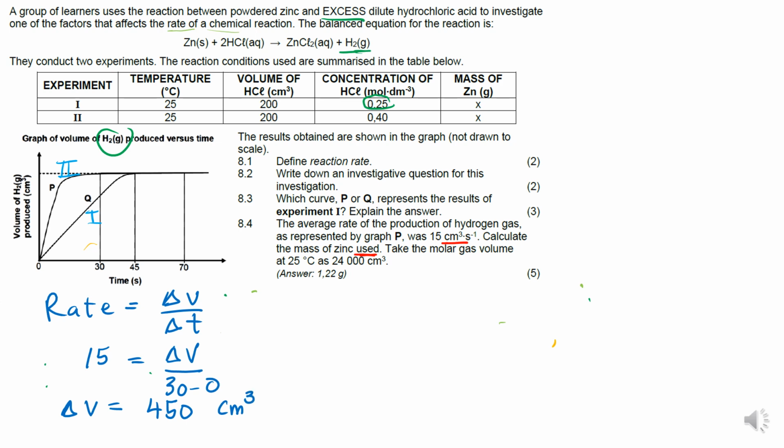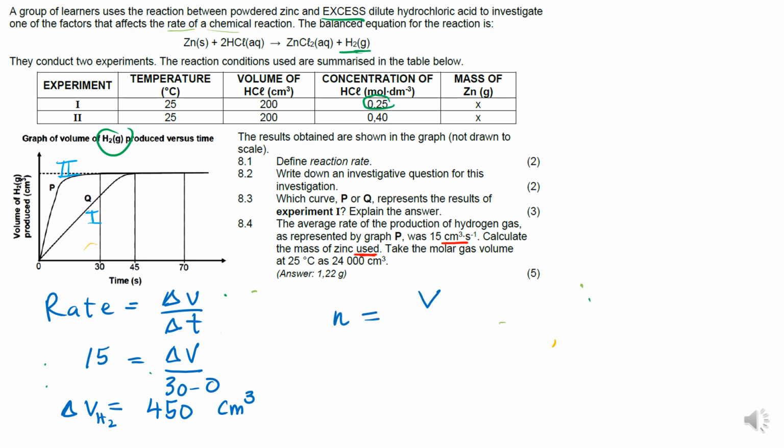That is the volume of H2 produced. And they said at this specific temperature, this is the molar gas volume, so 1 mole occupies this much.